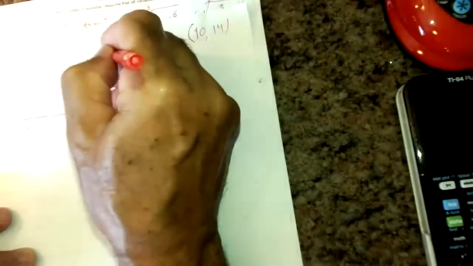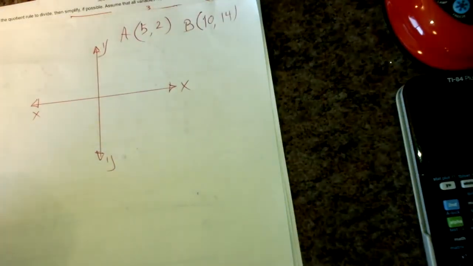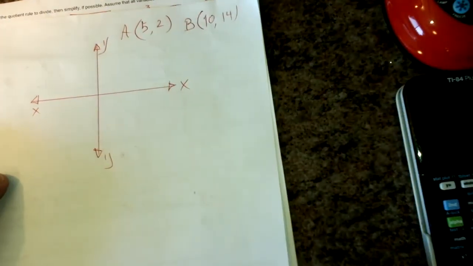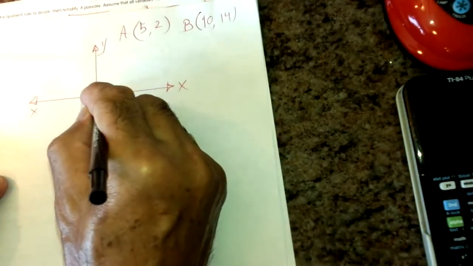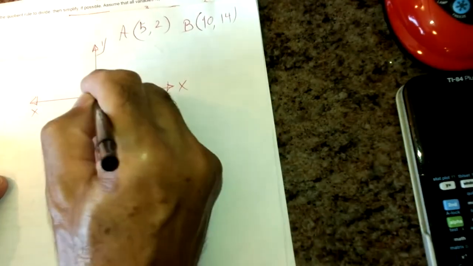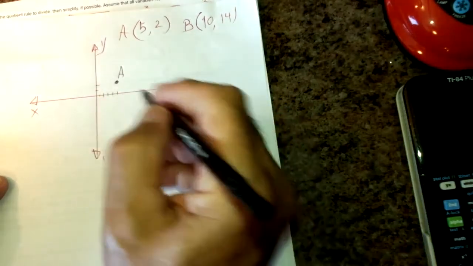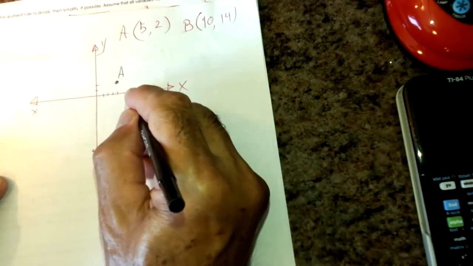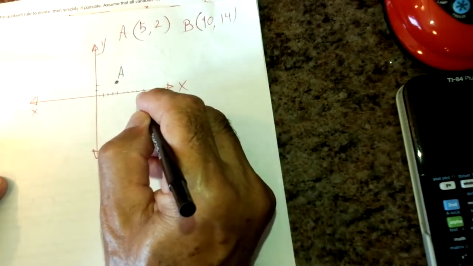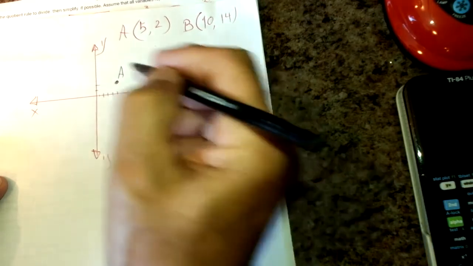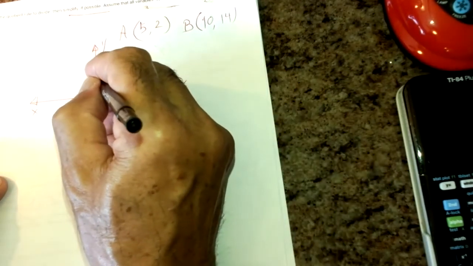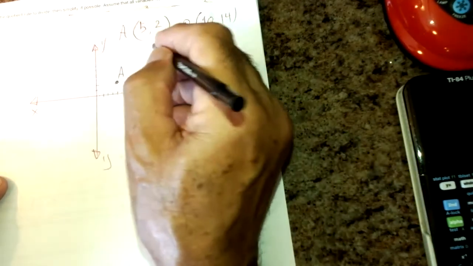So let's say one point is A and another point is B, right? So what you do is this. 5 and 2 is 1, 2, 3, 4, 5, 1, 2, that's A. B is 10 and 14, let's say somewhere here.